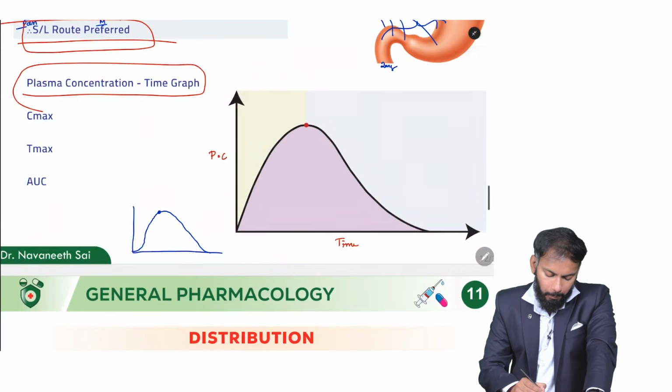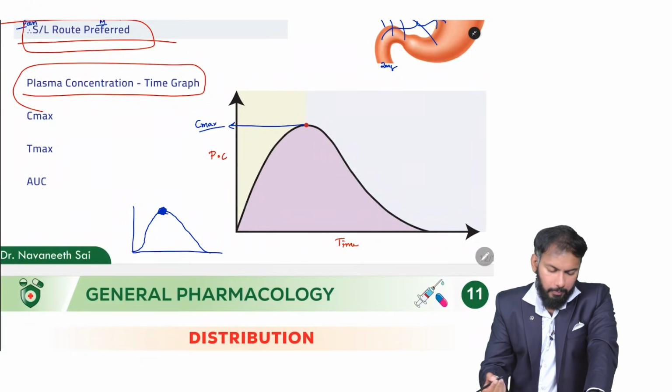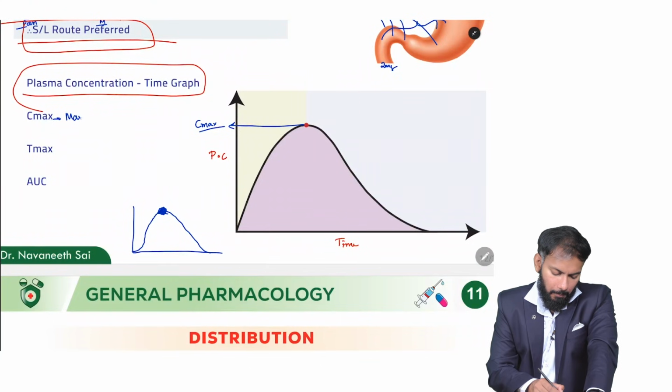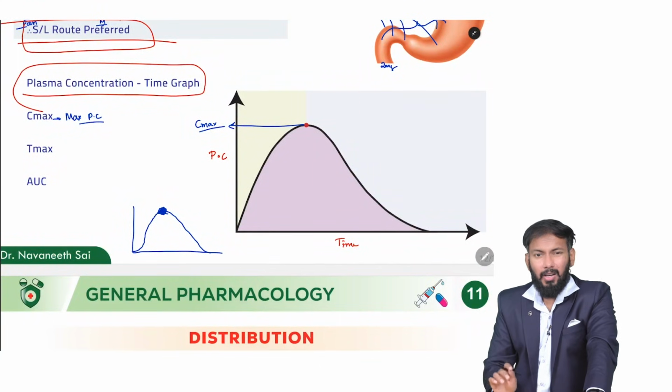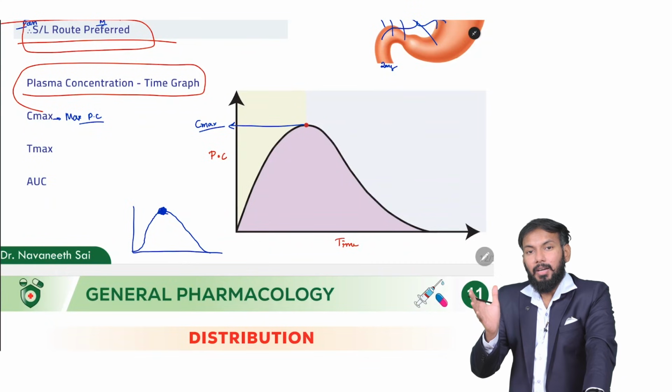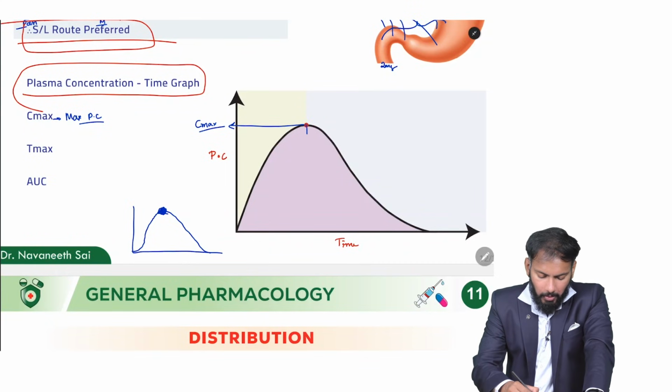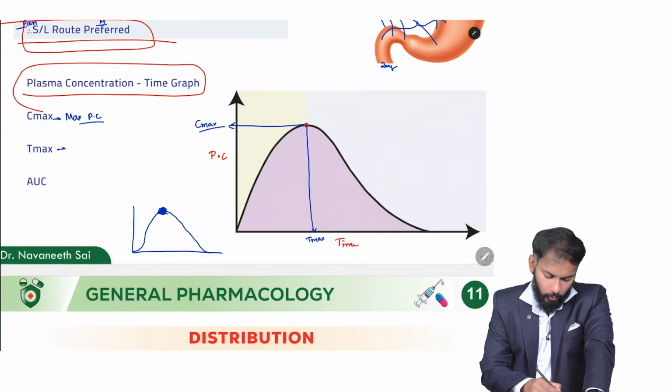So this peak plasma concentration is known as Cmax. Cmax is maximum plasma concentration. Now, how much time it takes to reach this maximum plasma concentration is known as Tmax.